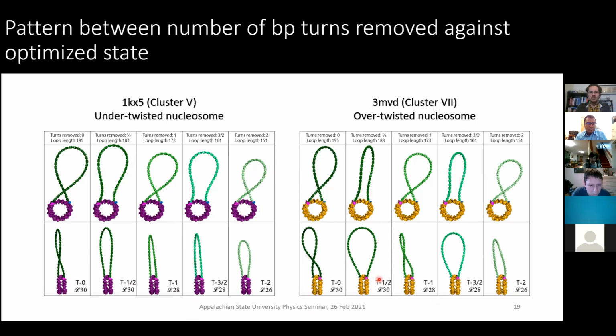But for the over-twisted nucleosome, I have a much more open structure in this profile view, but I have a closed view of this crossing of DNA in this side profile view. Why is it that a more over-twisted nucleosome produces this configuration while a more under-twisted one produces a more narrow, open configuration?